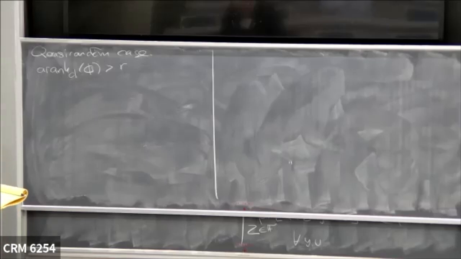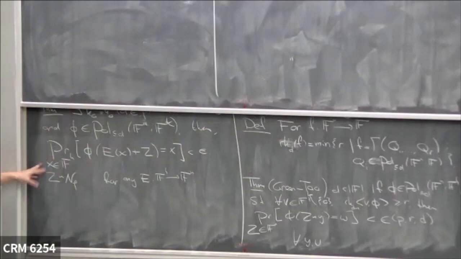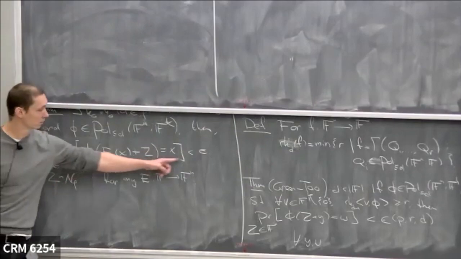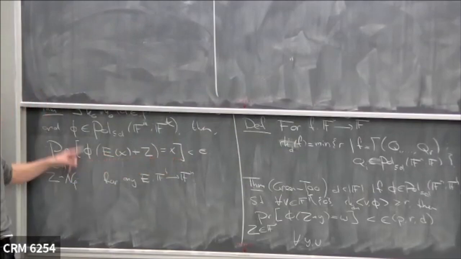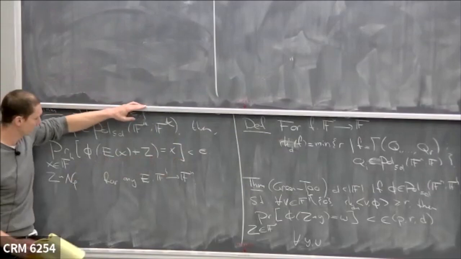Let's just take some arbitrary r at the moment. So in this case, we want to prove this statement here. And what we'll do actually is fix x, and just show that for any fixed x, when you sample over the z, this probability is going to be large. Okay, in this setting, when the analytic D rank is big.